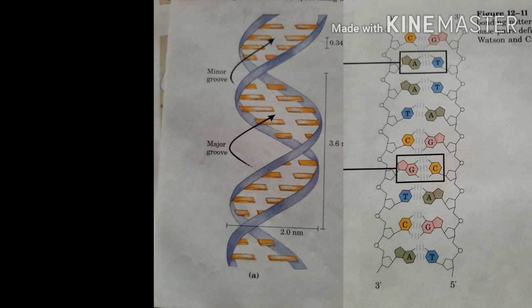And in the inner side, the purines and pyrimidines form hydrogen bonds to remain stacked together one after another like the rungs of a ladder at a distance of 3.4 angstrom, I told you.